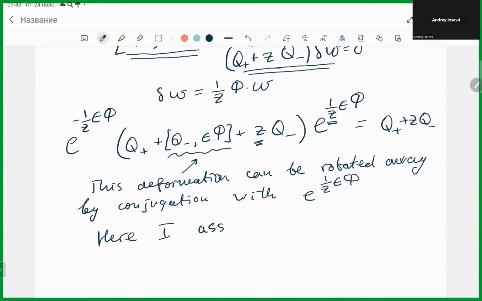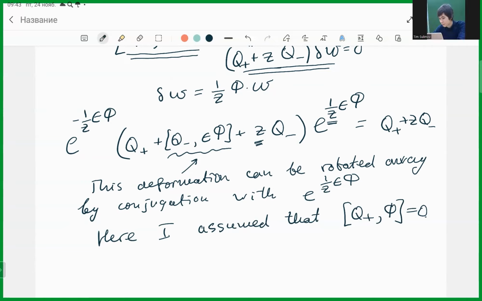Here I assumed that q plus phi equals 0. So here I make a pause, so you may see that such deformation may be undone.